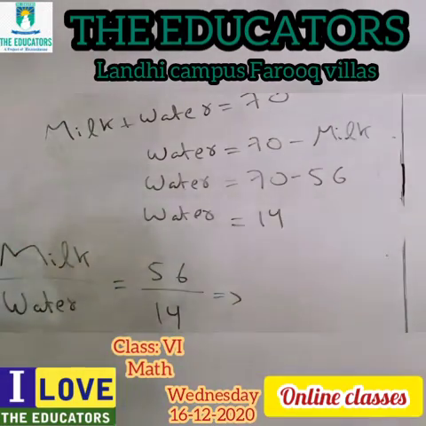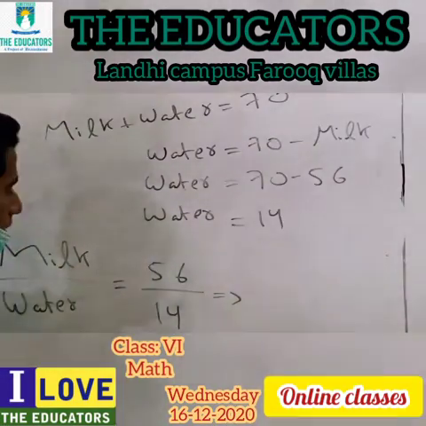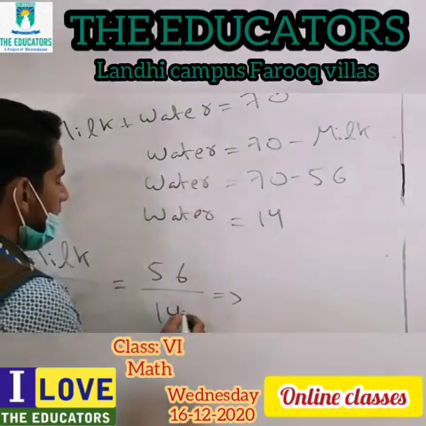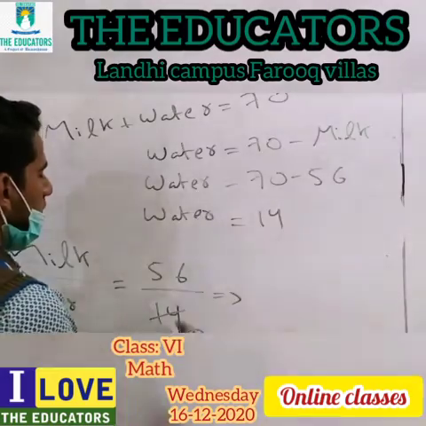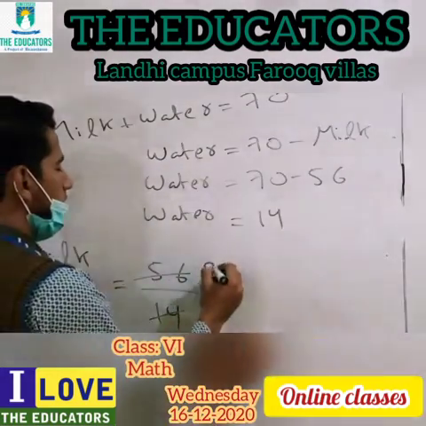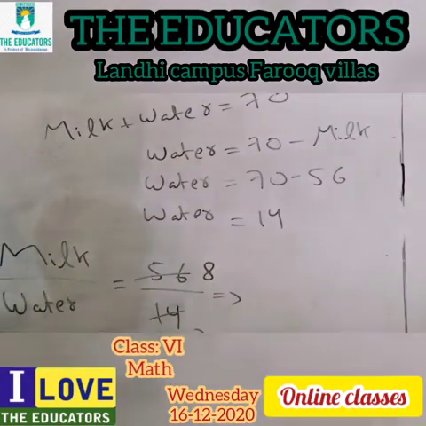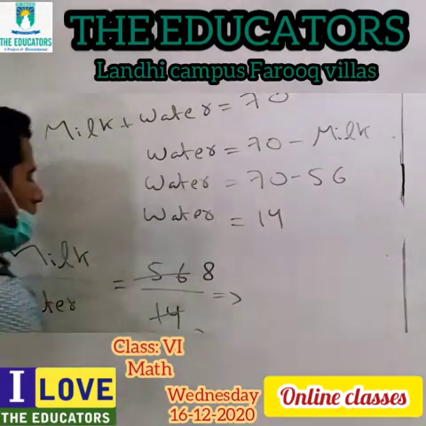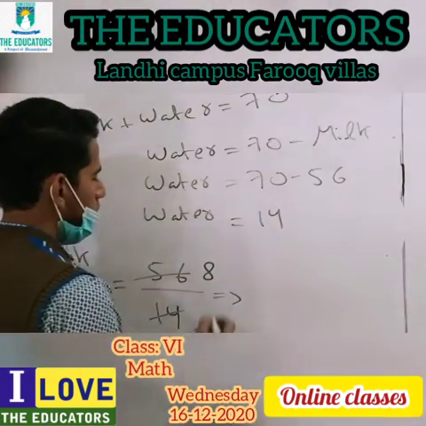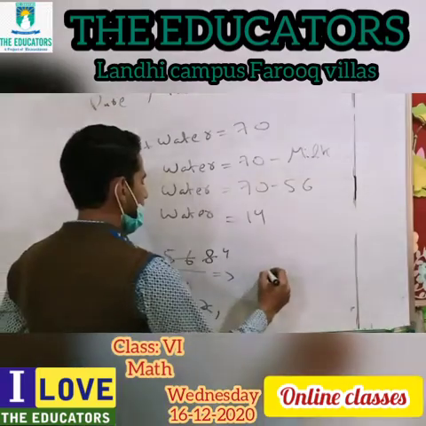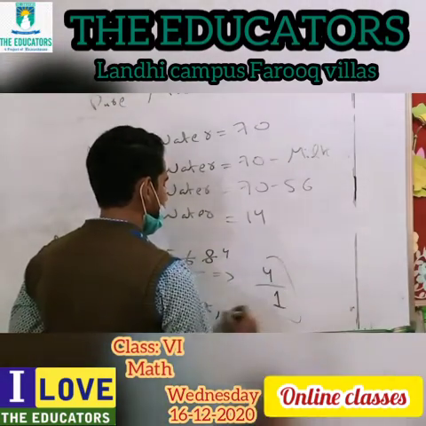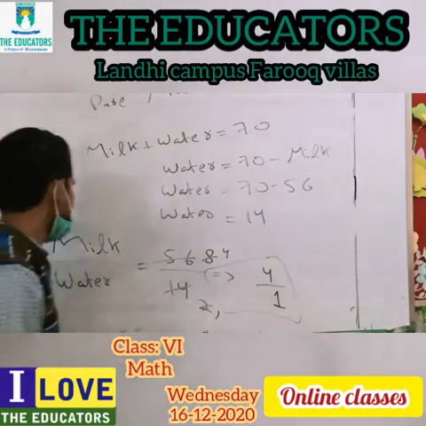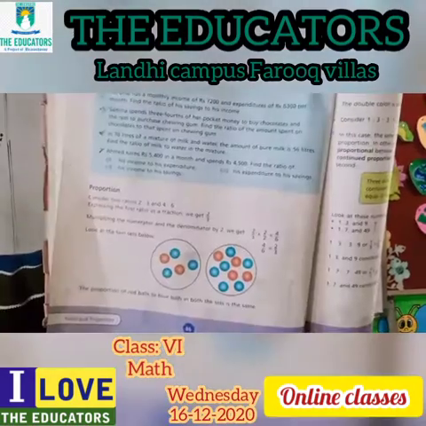Now you may cancel these values out by using any table. Here I am cancelling it with the table of 7. 7 twos are 14, and 7 eights are 56. Then 2 ones are 2, 2 fours are 8. So that will be 4:1.